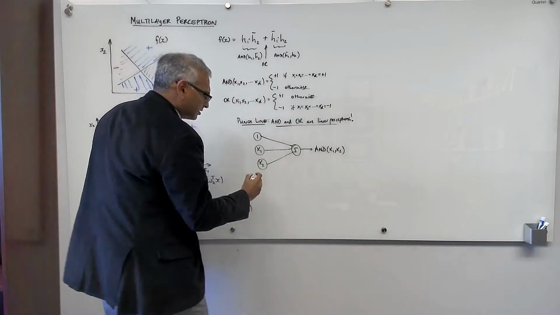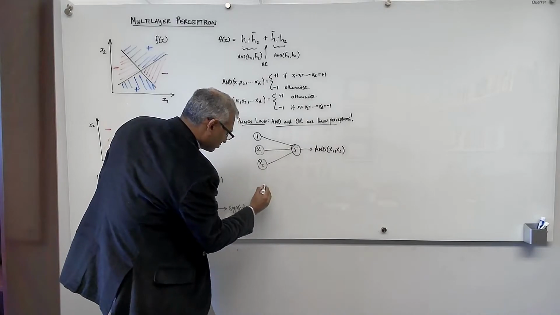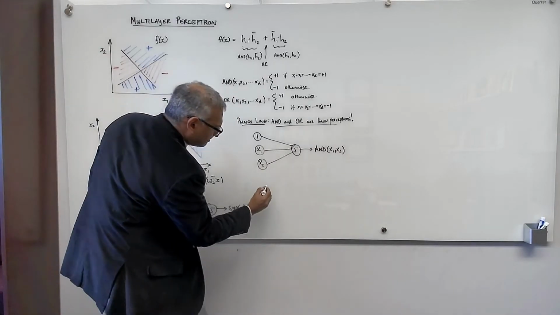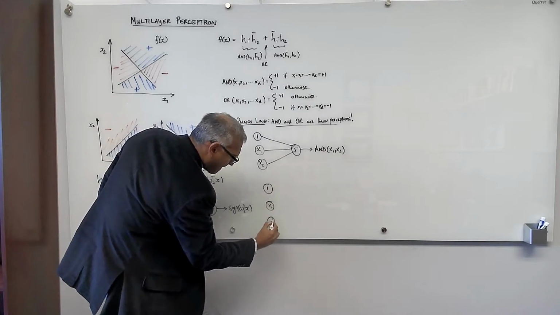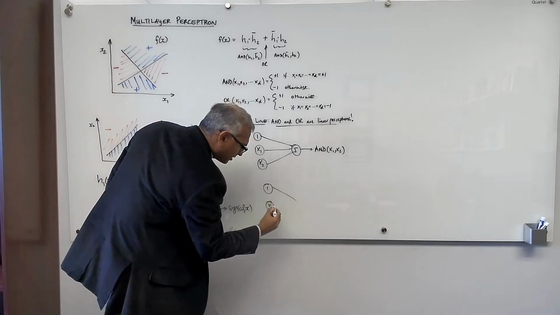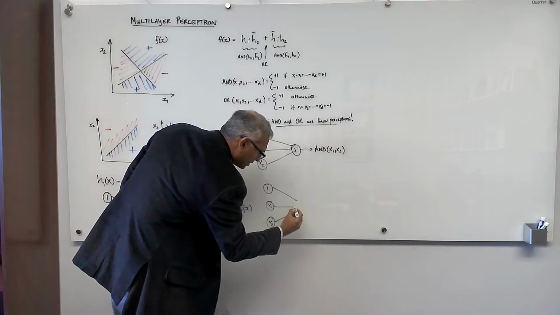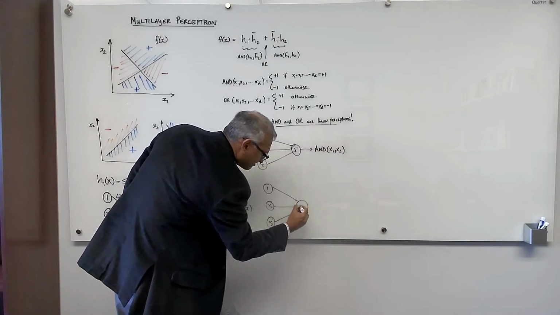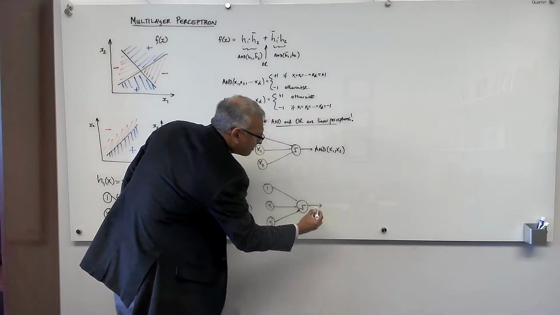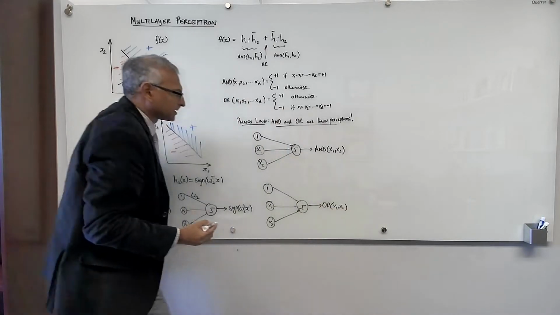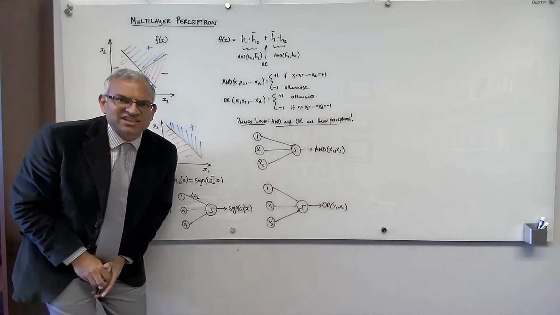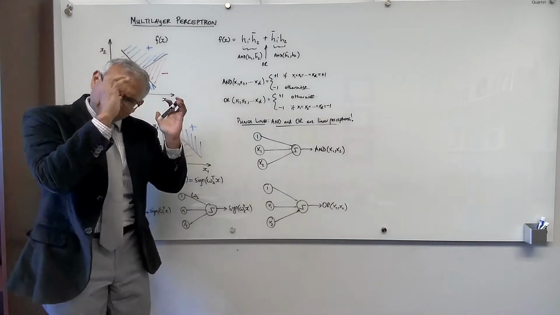And the OR is going to have a similar visual representation: 1, x1, x2. We're going to pass it through weights, multiply, and then send it into this sign function. And out should pop the OR of x1 and x2. Okay. So do the exercise. Pause the video and just do it.